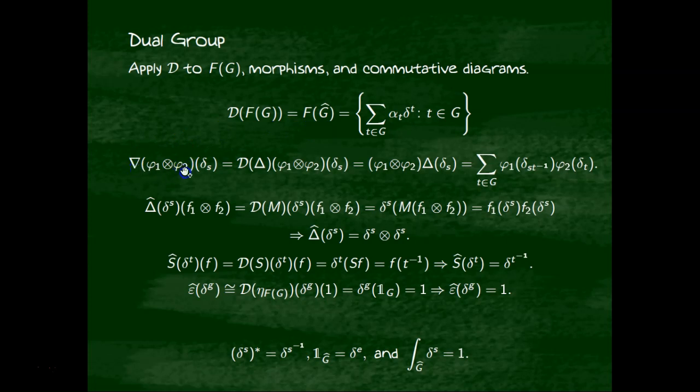So these things are functions on the dual group, which means they're actually functionals from the algebra. So what they should do is take a function on the group and give you a complex number. So let's see, how do they do that? You can use the dual endofunctor applied to the co-multiplication in the algebra of functions to give you a multiplication for the group algebra.